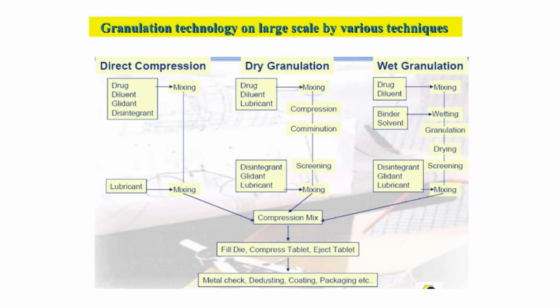Wet granulation, as we said earlier, has 4 main steps: mixing, granulation, screening, and compression. In dry granulation, the steps are mixing, compaction or compression, screening, and final compression. And in direct compression, all the ingredients are mixed together, then directly introduced into the tablet compression machine to eject out the tablets.